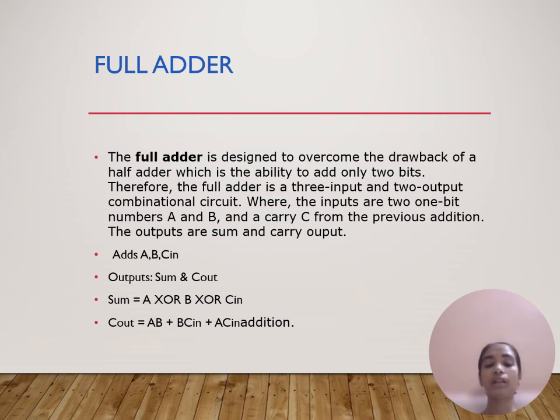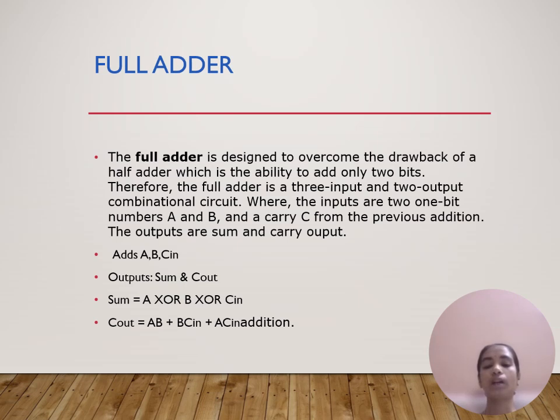Full adder. The full adder is designed to overcome the drawback of a half adder, which is the ability to add only two bits. Therefore, the full adder is a three input and two output combinational circuit where the inputs are two 1-bit numbers A and B and a carry C in from the previous addition.